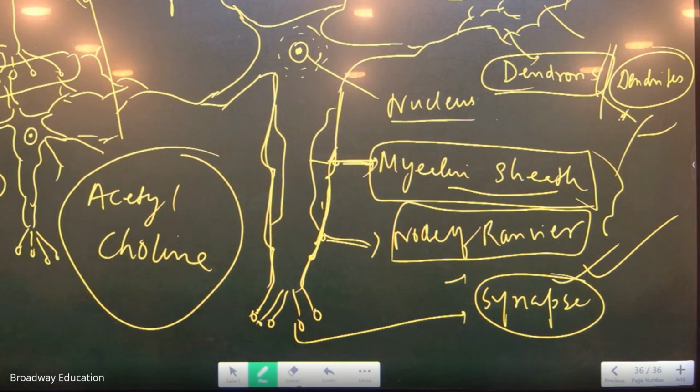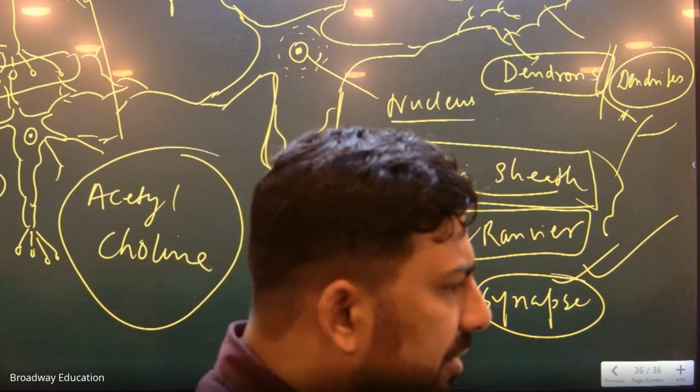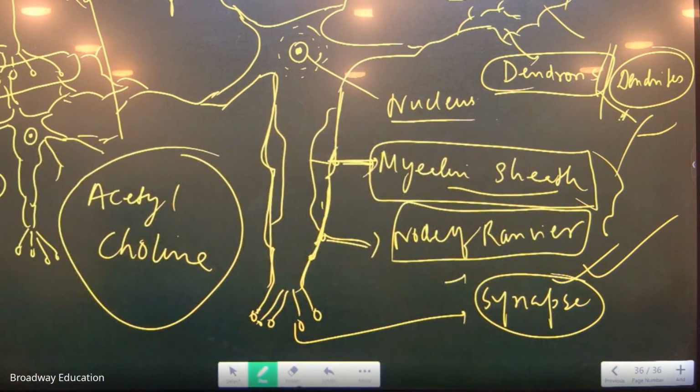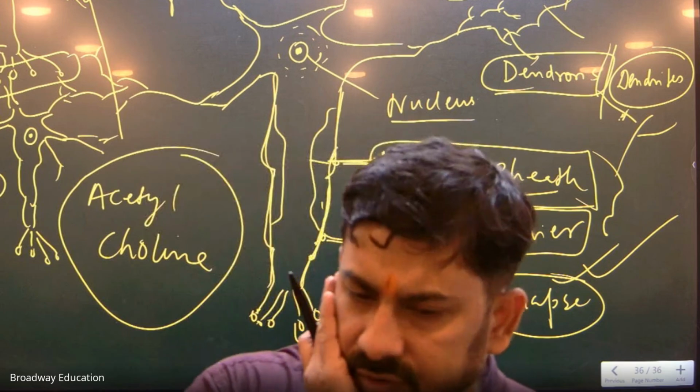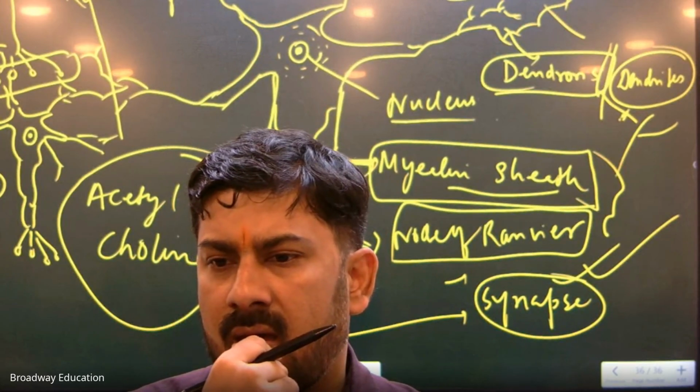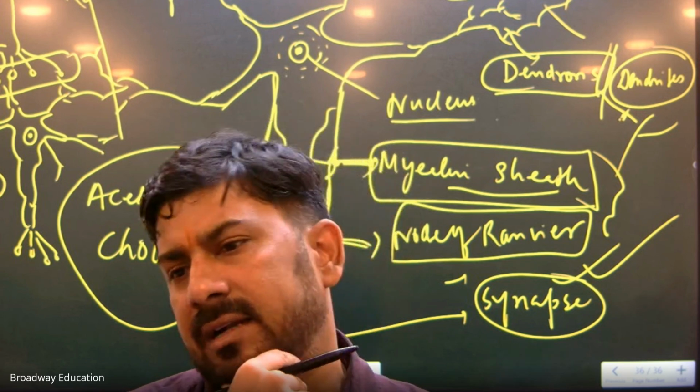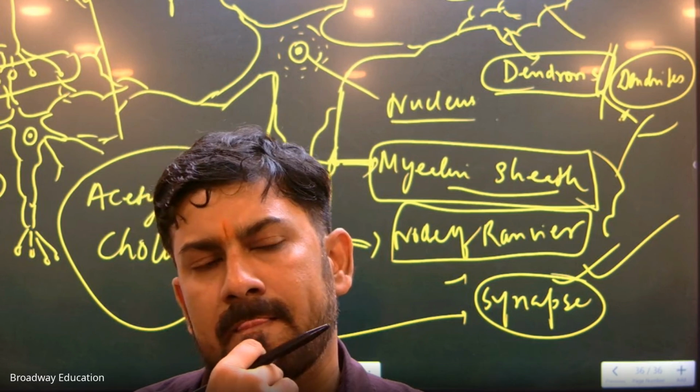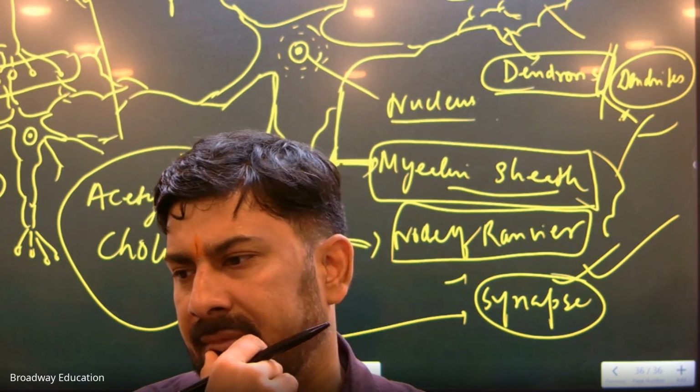Acetylcholine is a chemical which is responsible for the transfer of information in the form of electric signals across neurons.